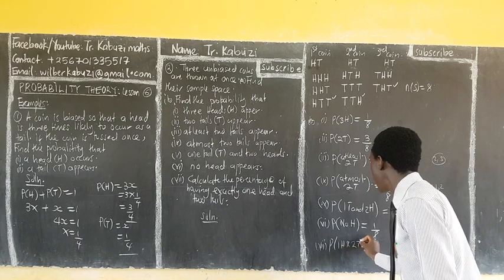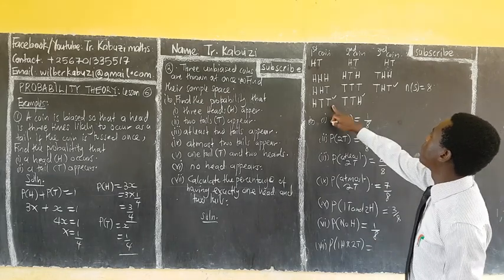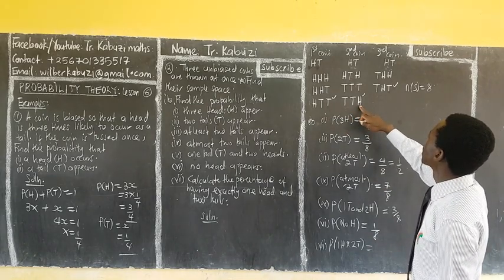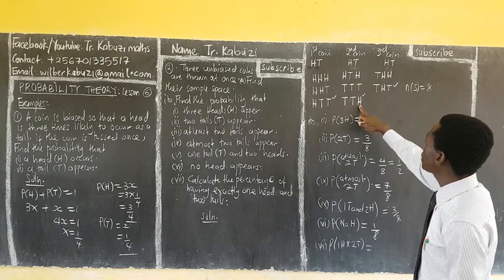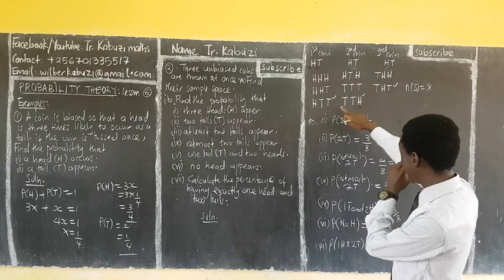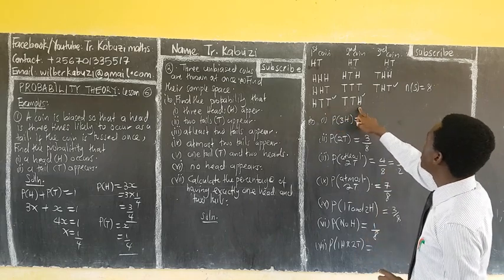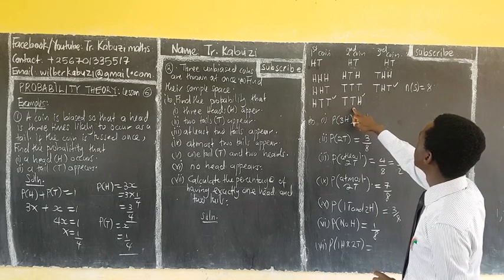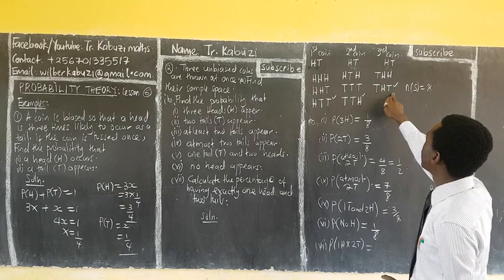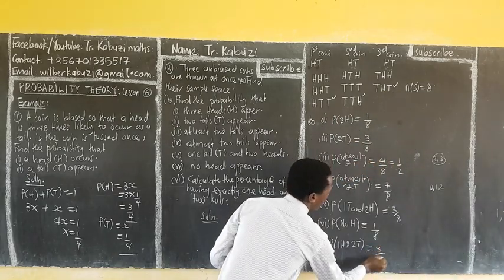So here we have 1 head. So 1 head and 2 tails. So this is the only case. 1 head, 2 tails. Then 1 head also here, and then 2 tails. That's it. It's going to be 3 over 8.